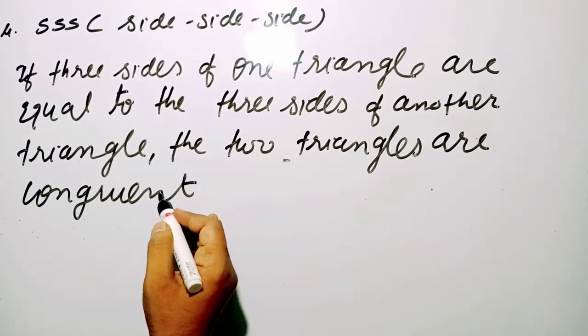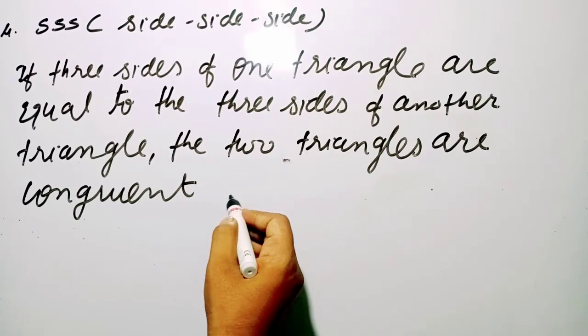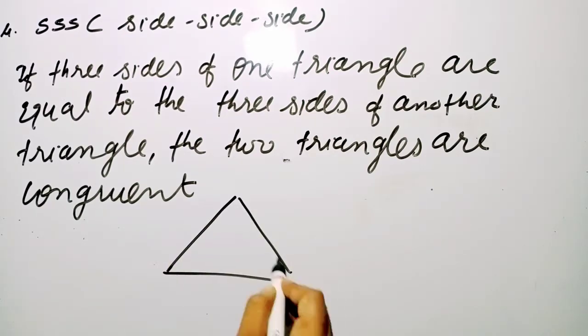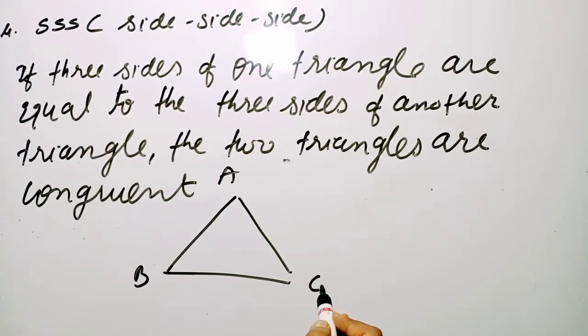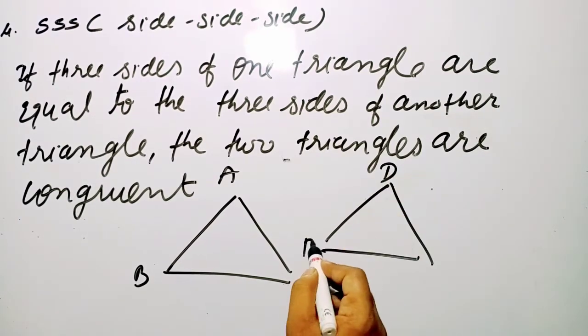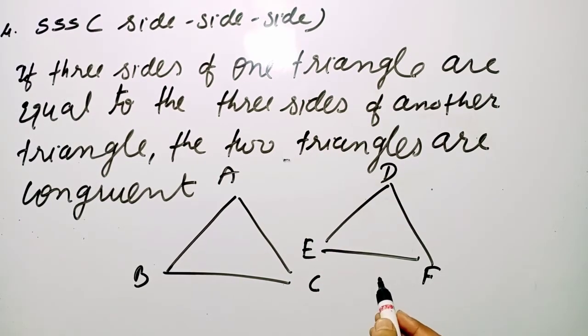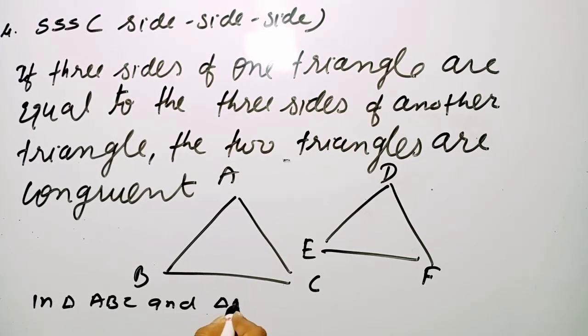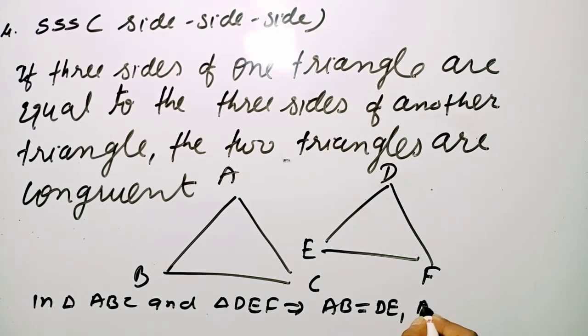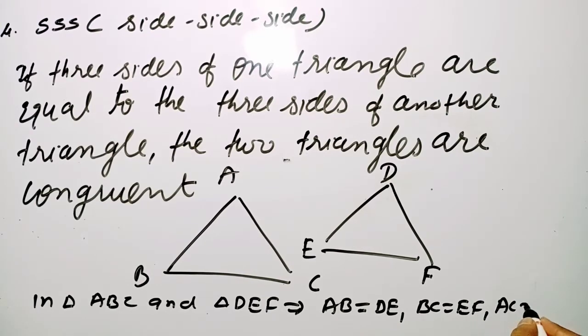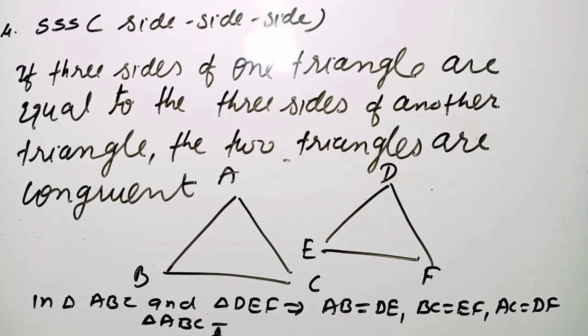Here, considering triangle ABC and triangle DEF, comparing these sides: AB is equal to DE, BC is equal to EF, and AC is equal to DF. So we can say that these two triangles are congruent, right students?